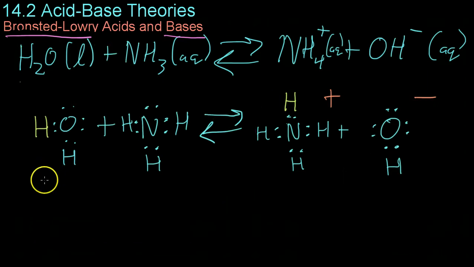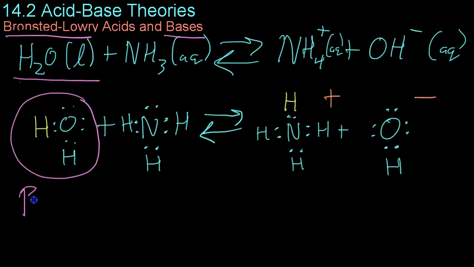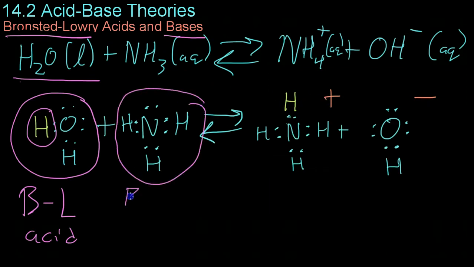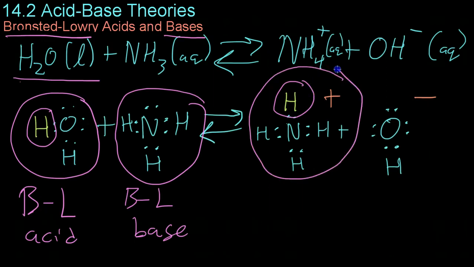So in the case of the reaction we have written here, the water right here, the H2O in the chemical formula, would be the Bronsted-Lowry acid because it gives up this hydrogen, which you can see over here on the product side, joins onto the ammonia. Now, the ammonia would be the Bronsted-Lowry base because before it only has 3 hydrogens and then it accepts this lone proton to become ammonium.